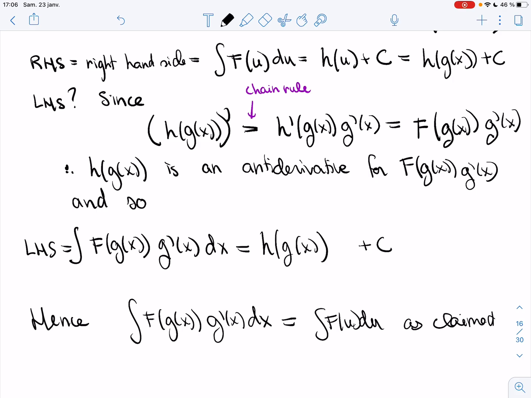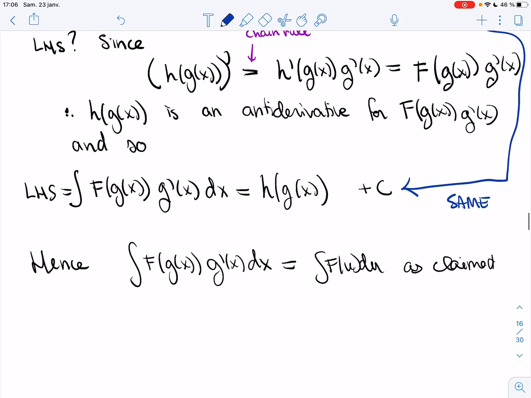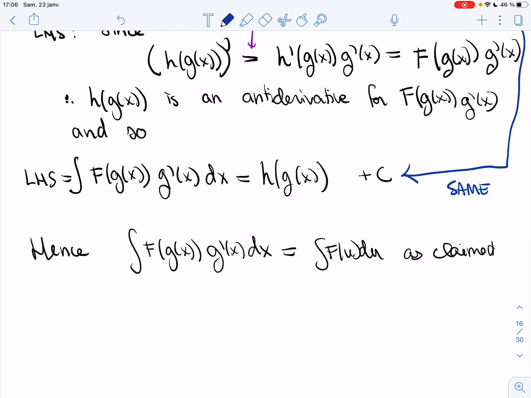So really the point here is when I expanded both sides, I got the same thing. Good.